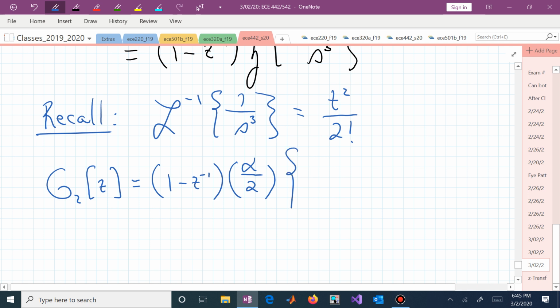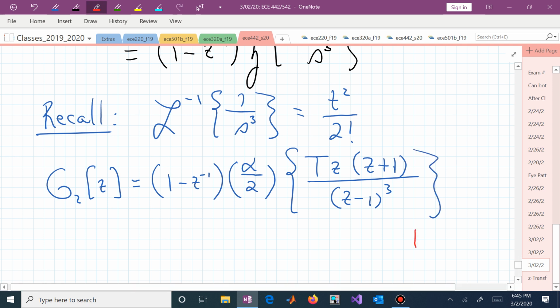And now from that column of z transforms, that was this T, capital T, z plus 1 over z minus 1 cubed. And I think that was row number 6 of the z transform table from exam number 2.